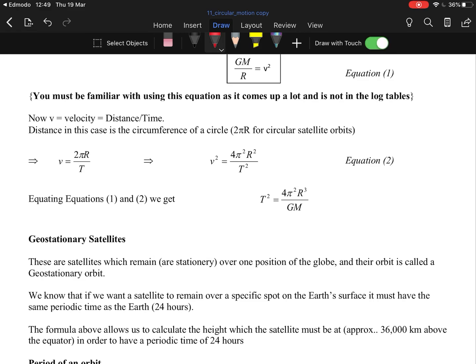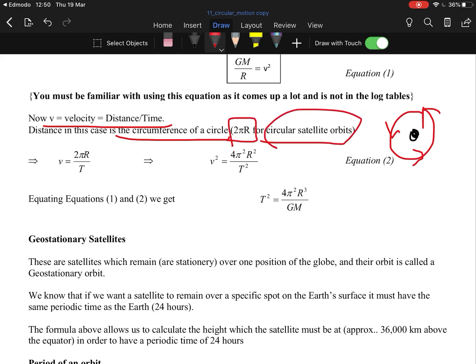So v is distance over time, or displacement over time. Now, what I mean here is the circumference of a circle. That is because you have your planet here, and the second object is spinning around in the orbit of said planet, you see? So because of that, we have to use 2 pi r, because it's a circular satellite orbit. They move in a circle.